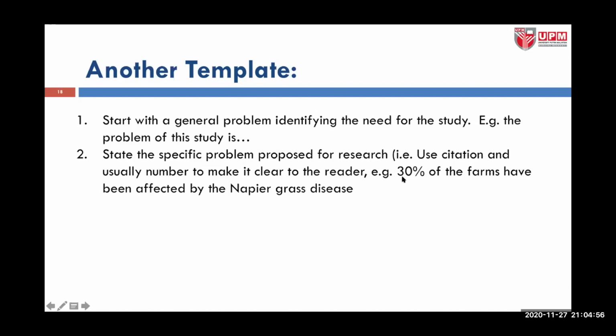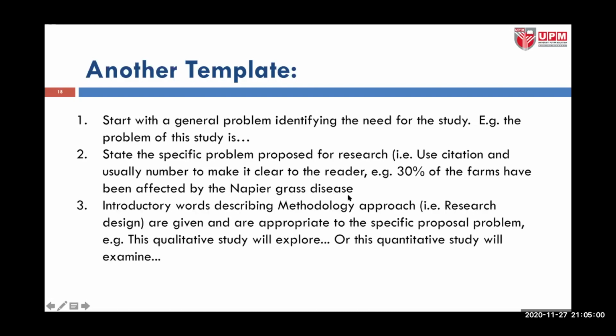So 30% is huge, meaning that there is a problem there, right? Or introductory words describing the methodology approach, like a research design, are given and appropriate to the specific proposal problem. For example, like this qualitative study will explore what, or this quantitative study will examine what.